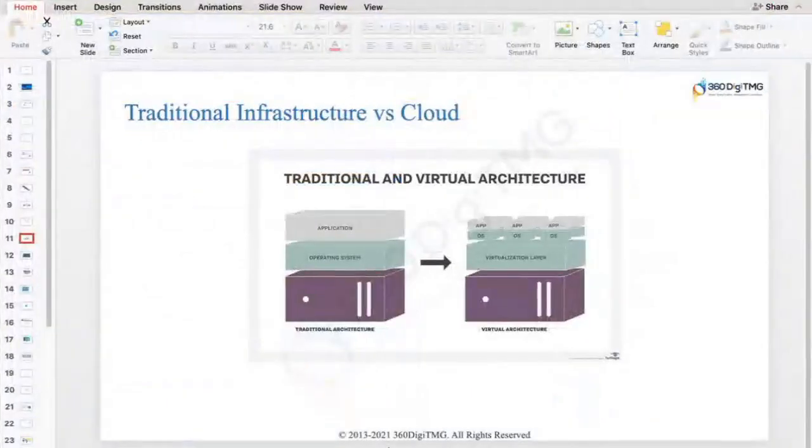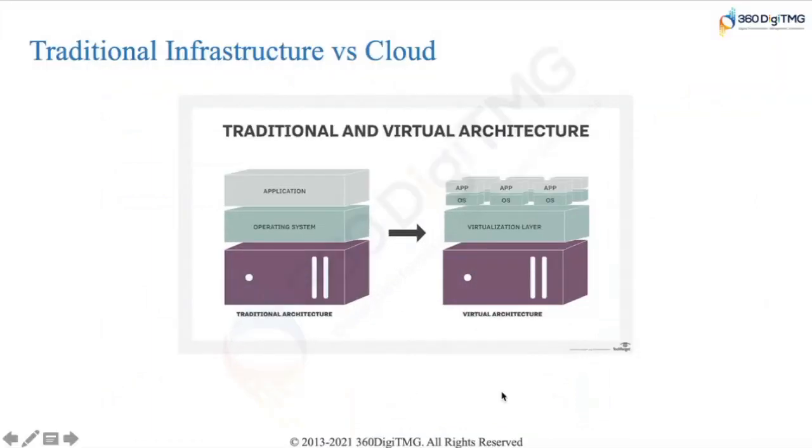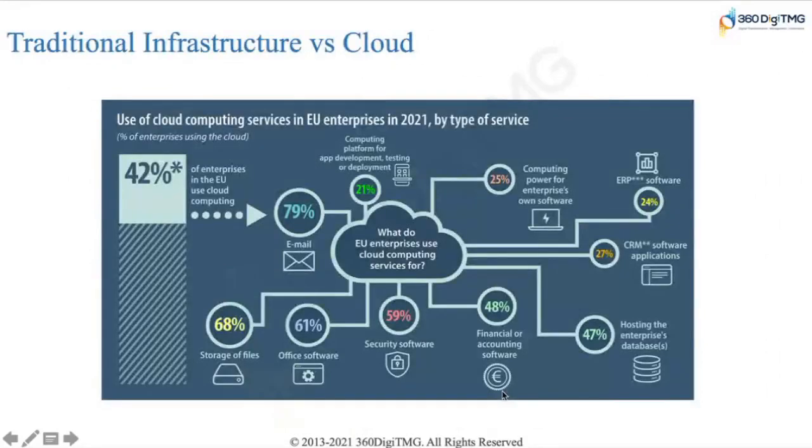That was a brief introduction to cloud. And now if you see on my screen, these are enterprise units in 2021, and this type of services they are adopting on the cloud. They are storing files, office software, email, security software, app development and testing, and financial accounting software.